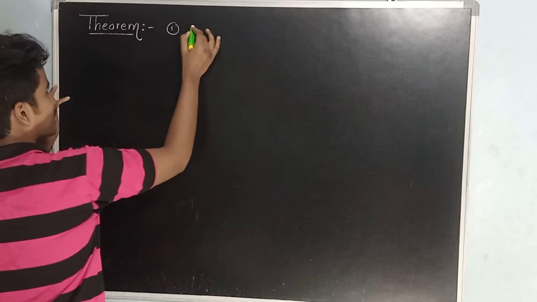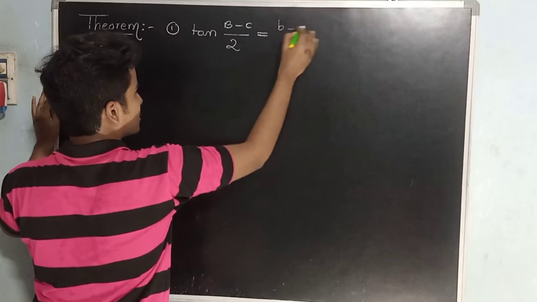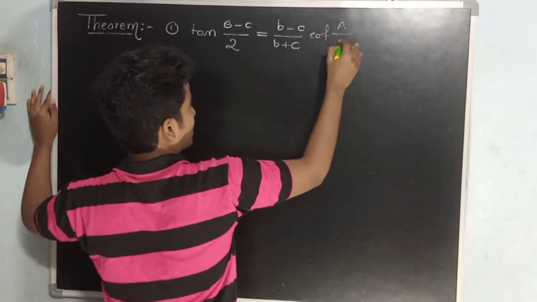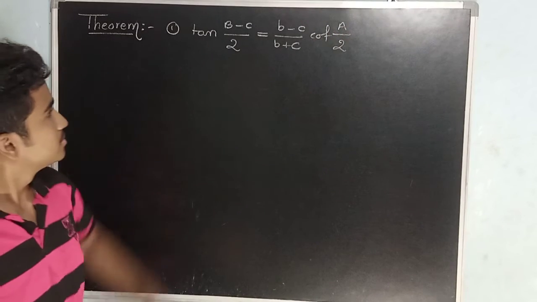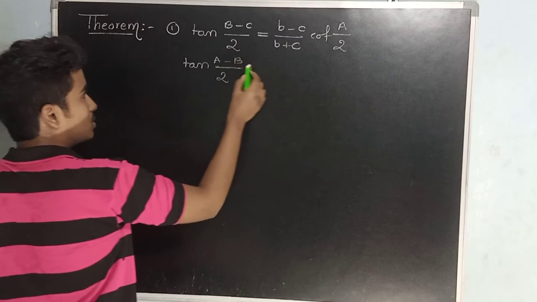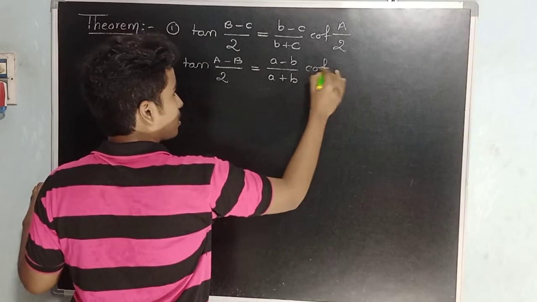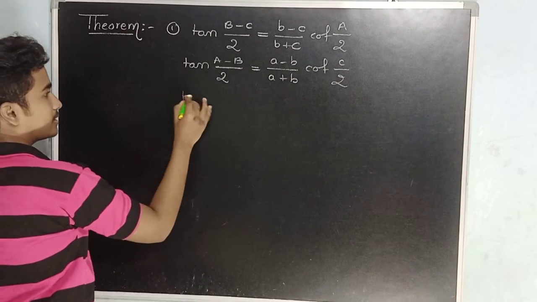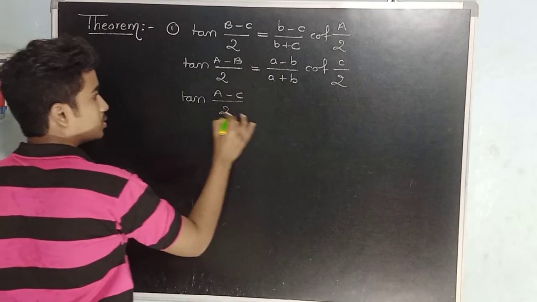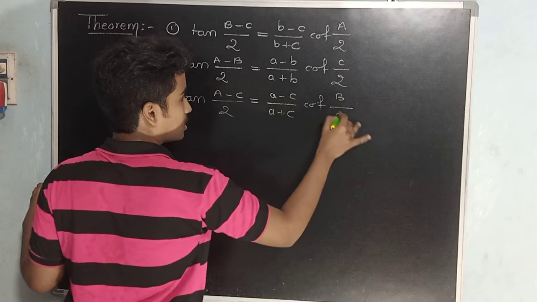Here the first theorem is tan of (b minus c) by 2 is nothing but (b minus c) by (b plus c) cot a by 2, and tan of (a minus b) by 2 is equal to (a minus b) by (a plus b) cot c by 2, and tan of (a minus c) by 2 is equal to (a minus c) by (a plus c) cot b by 2.